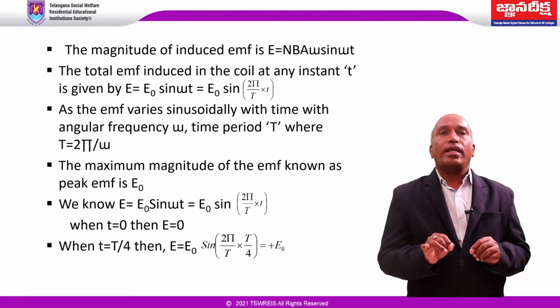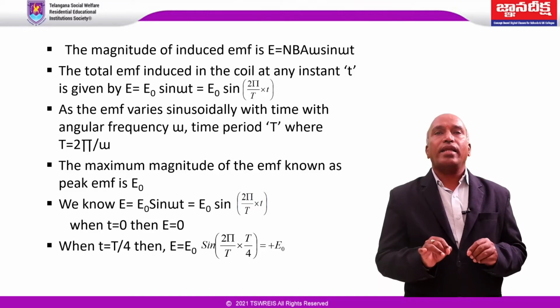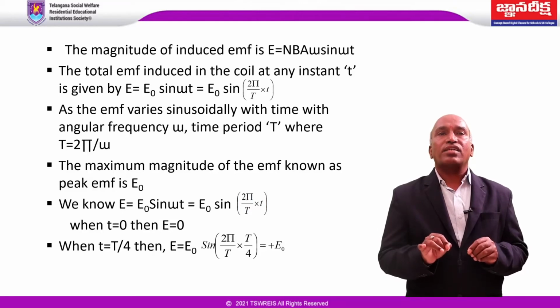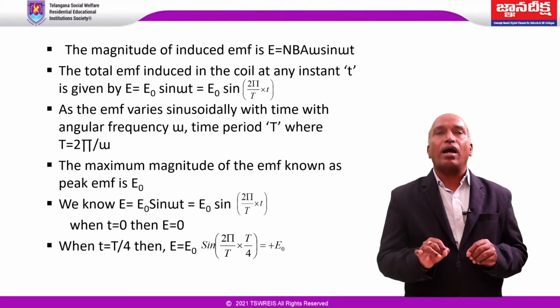The total EMF induced in the coil at any instant t is given by E equals E0 sine omega t. As the EMF varies sinusoidally with time with the angular frequency omega, the time period T is equal to 2 pi by omega.